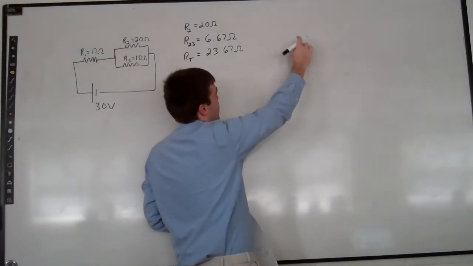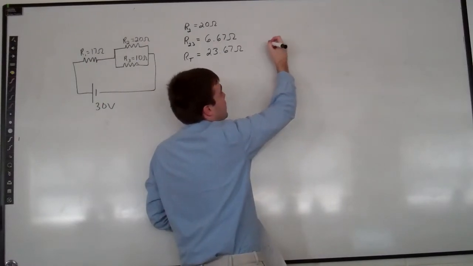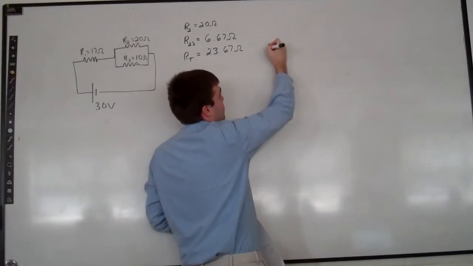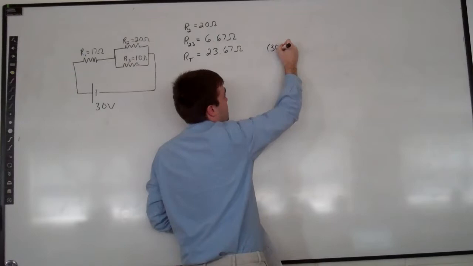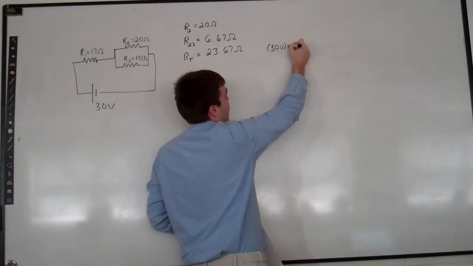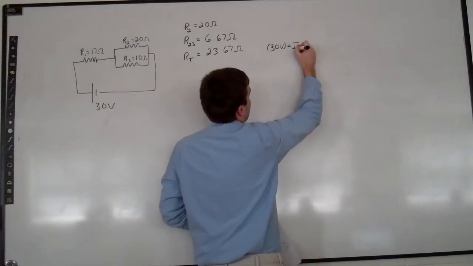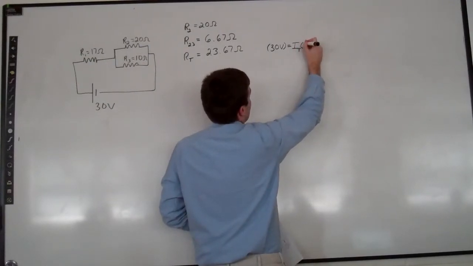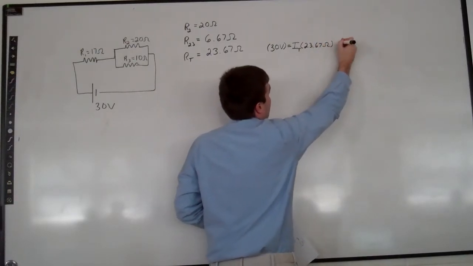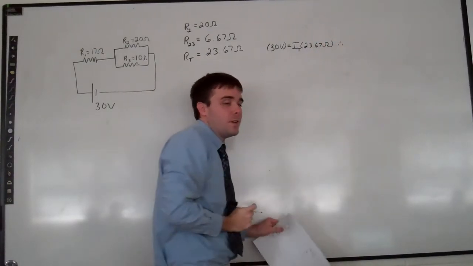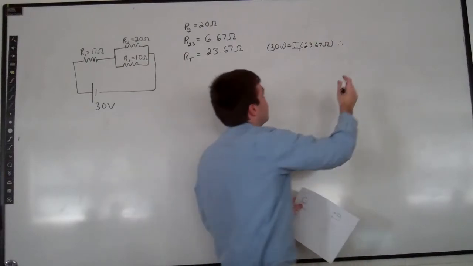I'm going to put that right here, and it'll make sense shortly. So what's our voltage? We have 30 volts equals I times our total resistance, 23.67 ohms. Everybody know what those 3 dots mean? Therefore.